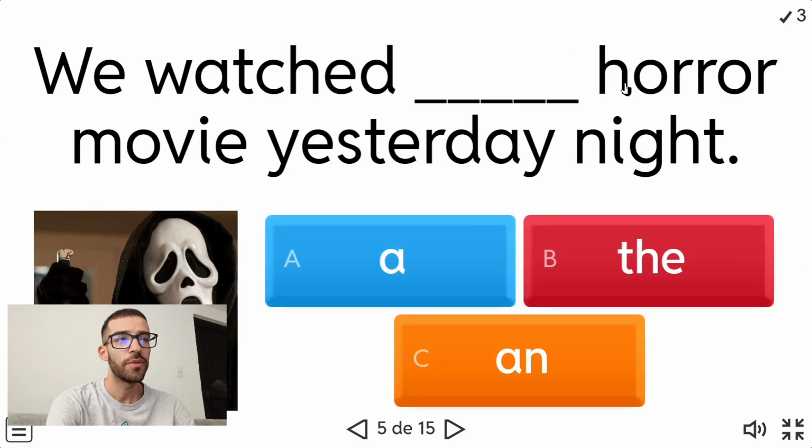In this case, we have something similar, but notice the non-specific and the specific I was just telling you about. If we say the horror movie yesterday night, we need to clarify that it is specific, that both know what we are talking about, to use the. Otherwise, it's going to be a little complicated for the other person to understand what it is.